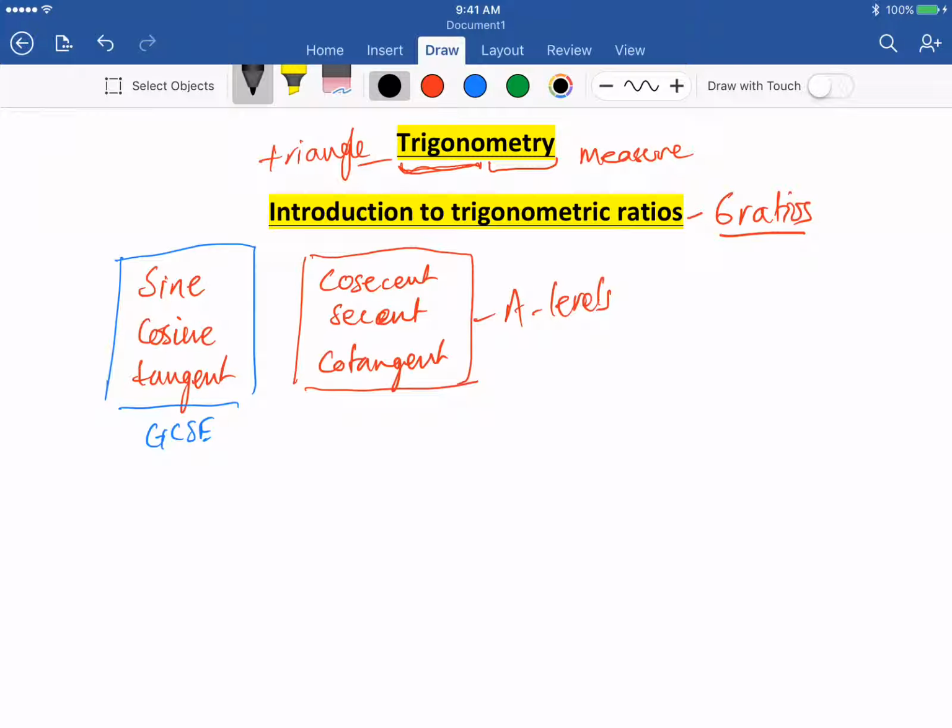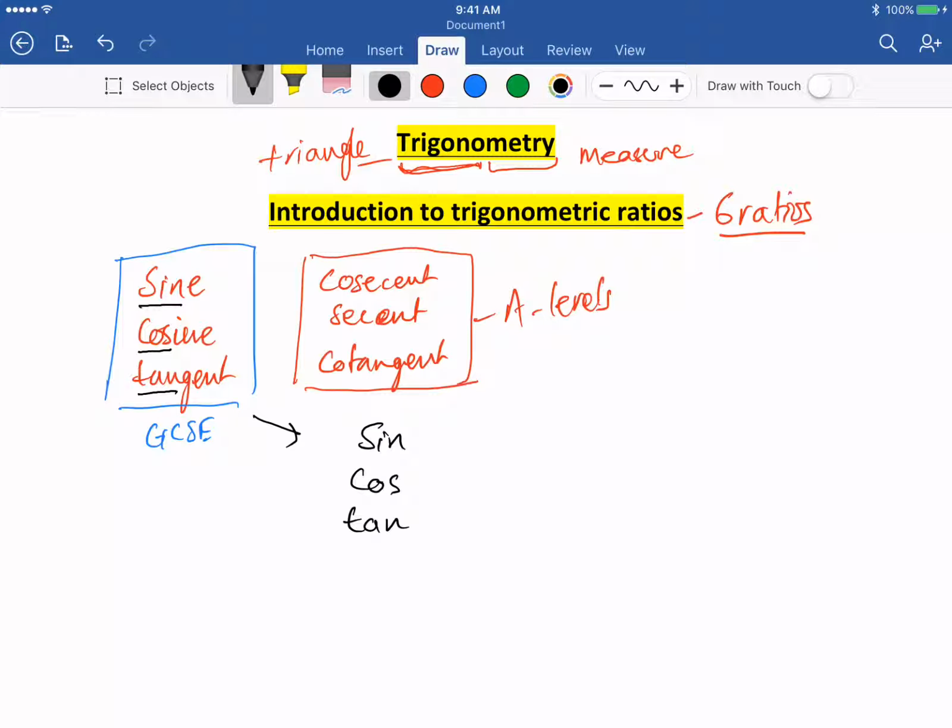Now, the first three, in short, we can also call sine, cos, and tan, just by using their first three letters.